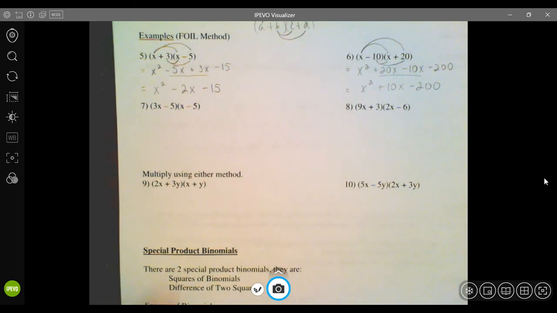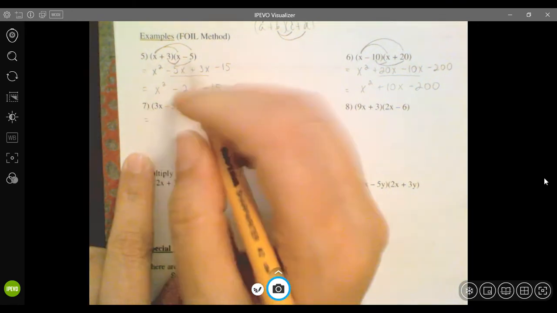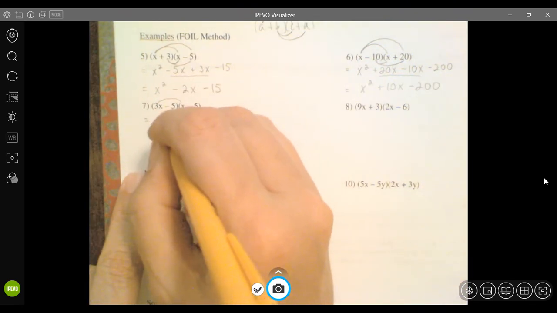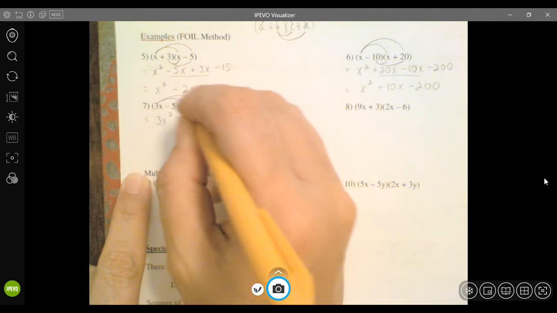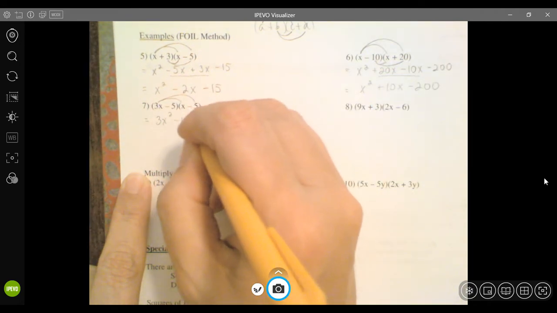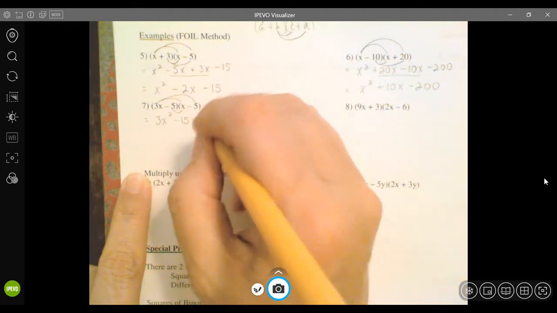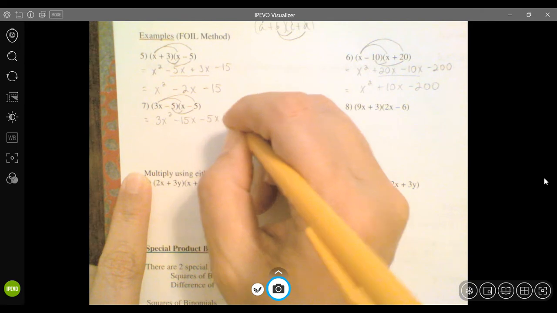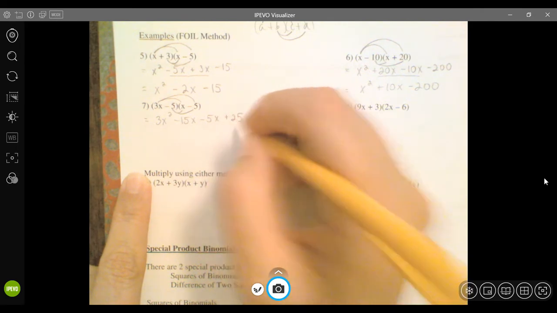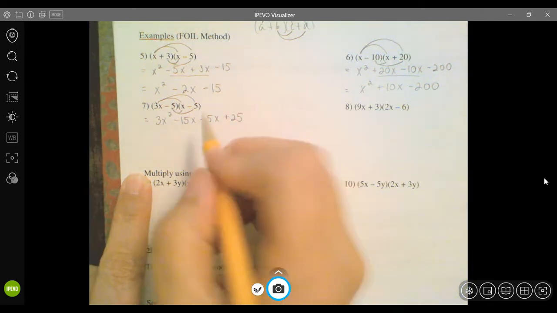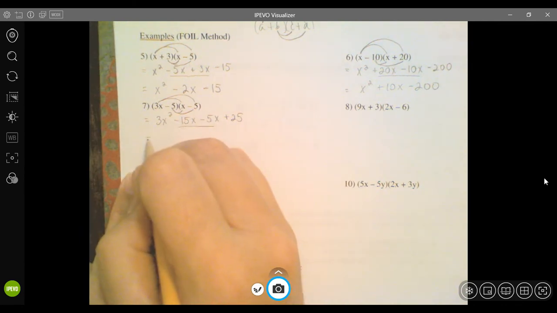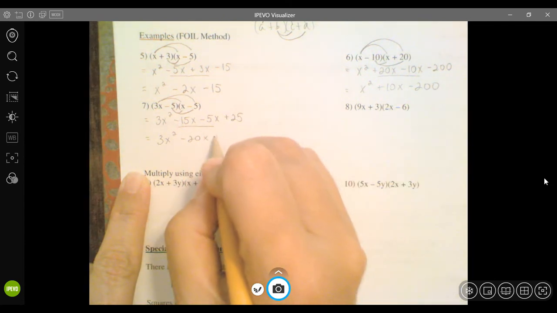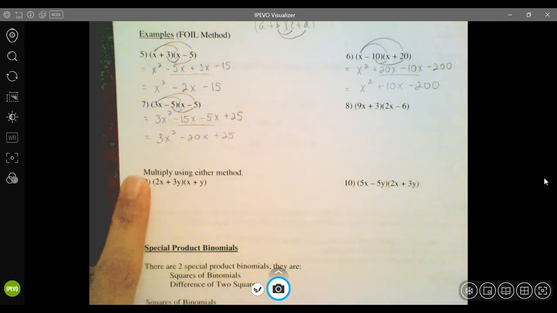All right, number 7. We take first times first, 3x squared, outside times outside, minus 15x, inside times inside, minus 5x, last times last, negative 5 times negative 5 is a positive 25. My like terms are here. We will get 3x squared minus 20x plus 25.